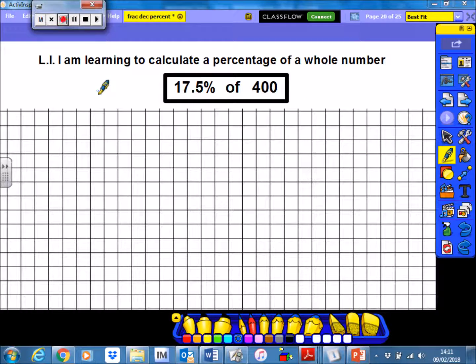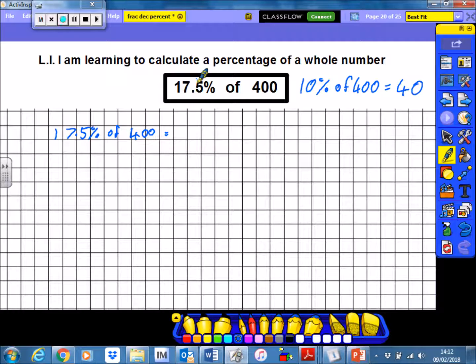One final trickier example then. 17.5% of 400. Now, starting off, gateway percentage, 10% of 400 is 40. So I can use that to work out everything else. But the question is, how do I chunk down 17.5%?